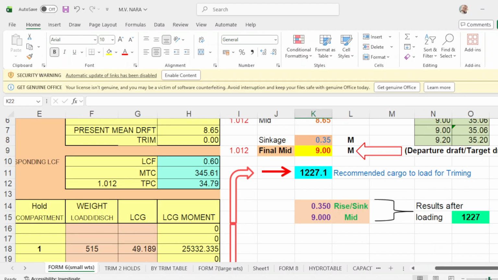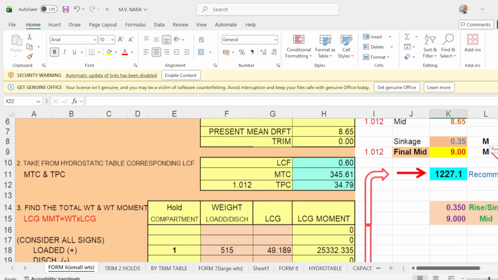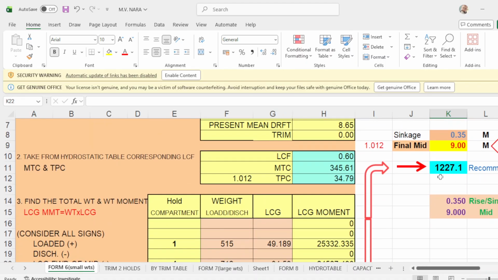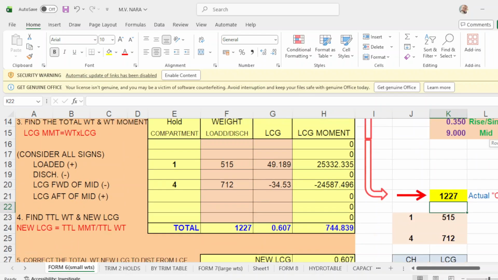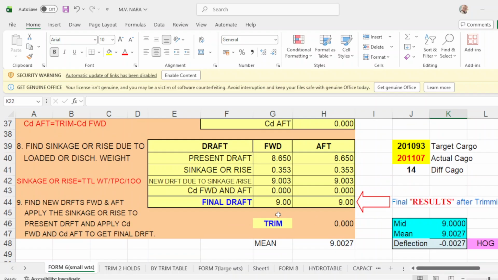And from this form number 6, with this figure of 1,227, your final drop is forward 9 meters, up drop 9 meters, and your main is 9 meters, and you have a 0 deflection.